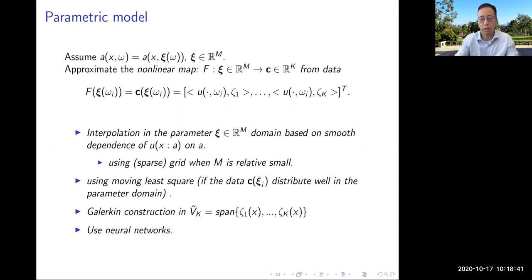Or you can use a Galerkin construction, where this is the basis, but every time you have to solve a linear system. But that linear system is very small because your dimension is only k, which is 10, 15, and so on.